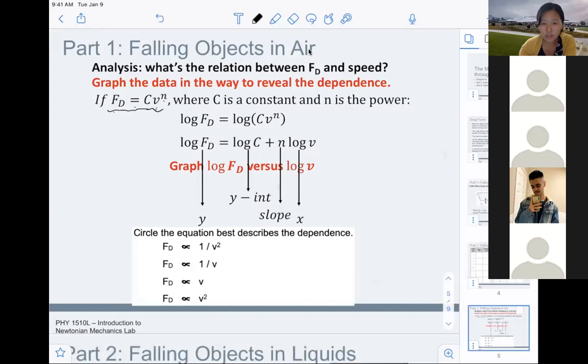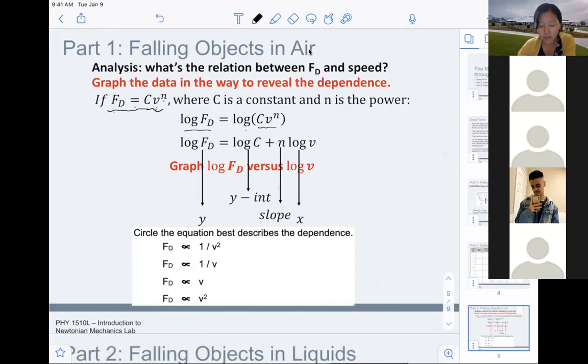So here, we take advantage of graphing the log function instead of the function itself. So how do we translate a curve to something linear? We can do that by taking the log of both sides of the equation. The left-hand side becomes the log of your drag force. The right-hand side becomes log of c times v to the power of n.